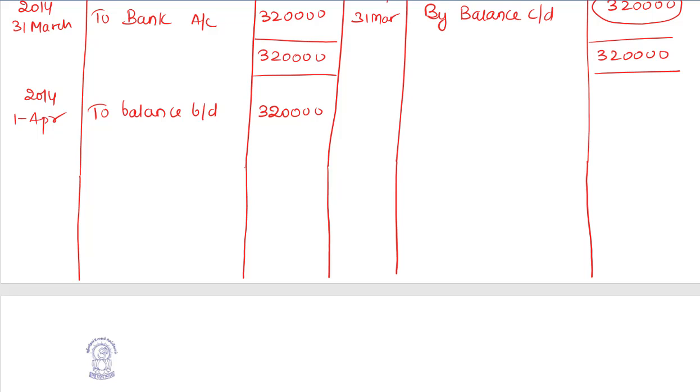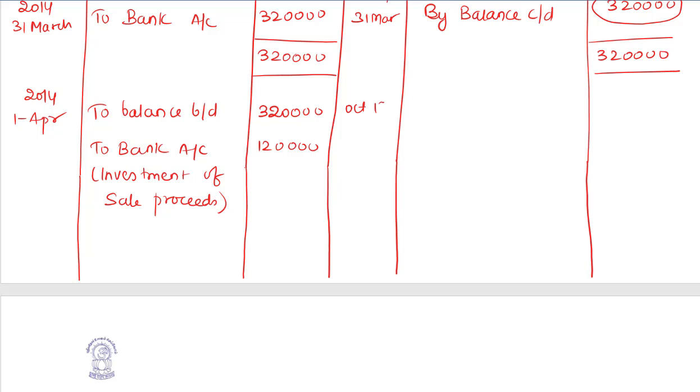So we will record to bank account 1,20,000, investment on sale proceeds 1,20,000 over here, and record over here on October 13, 2014, by bank, sale of investment, which is 1,20,000.